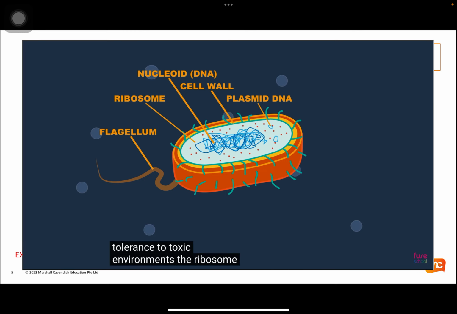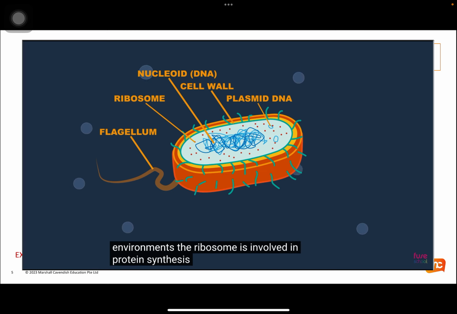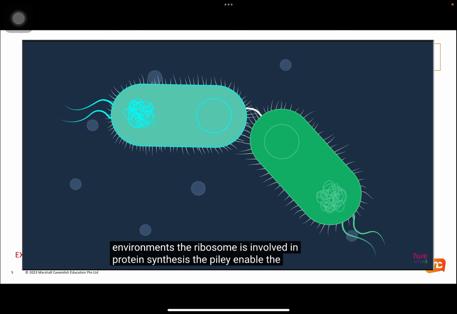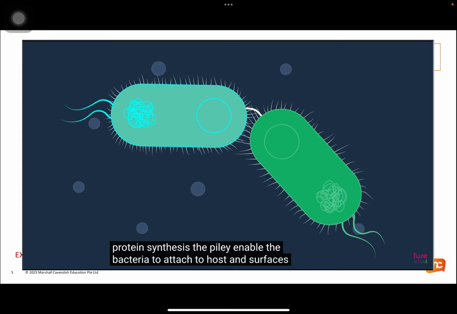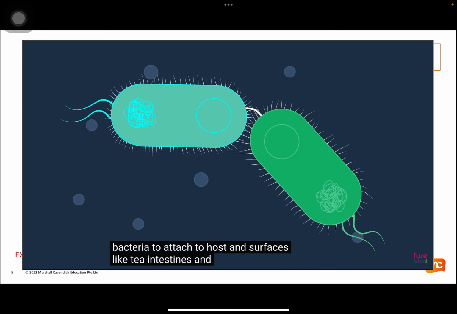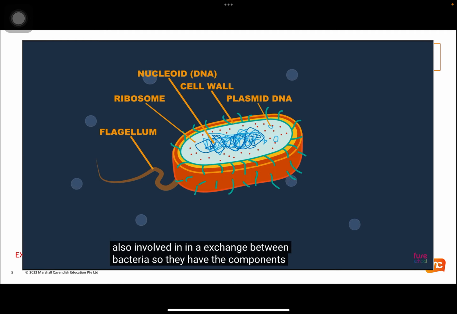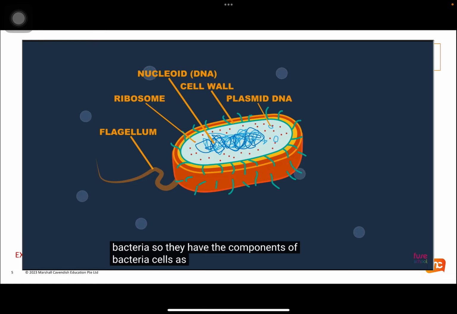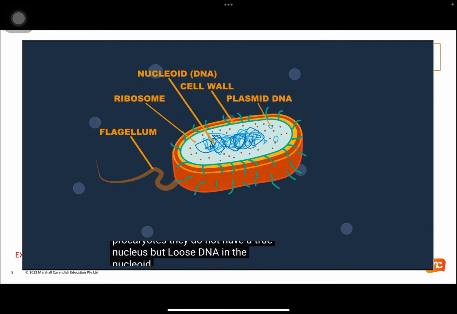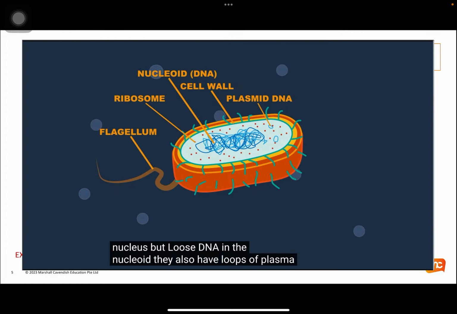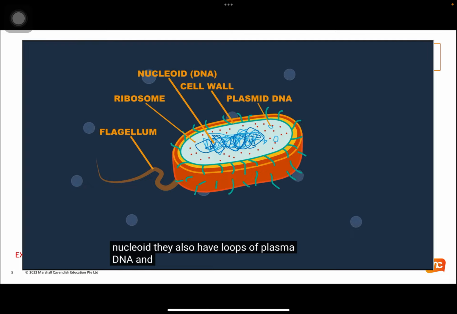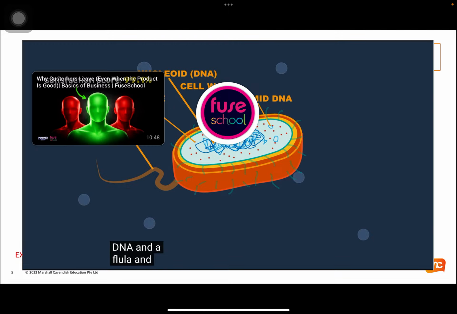The ribosome is involved in protein synthesis. The pili enable the bacteria to attach to hosts and surfaces like teeth, intestines, and rocks. They are also involved in DNA exchange between bacteria. So there you have the components of bacteria cells. As bacteria are prokaryotes, they do not have a true nucleus but loose DNA in the nucleoid. They also have loops of plasmid DNA and a flagella and lots of pili.